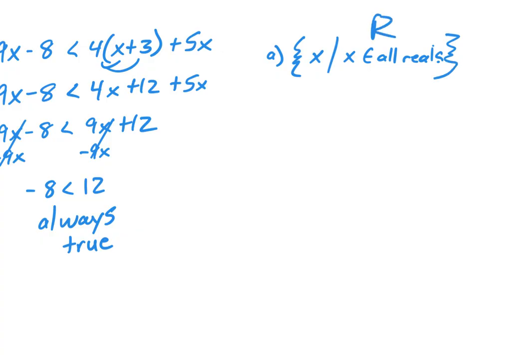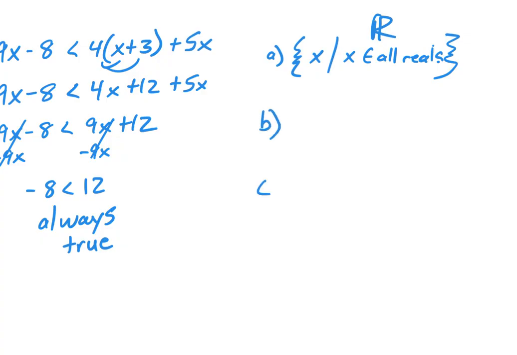Last year in Algebra 2, you might have used that symbol. It's like an R with a line through it, and that's the symbol for all reals that we sometimes use. You might have seen that before. So there's a lot of different ways that you could express that, okay? But we're just saying that everything works in some shape or form.